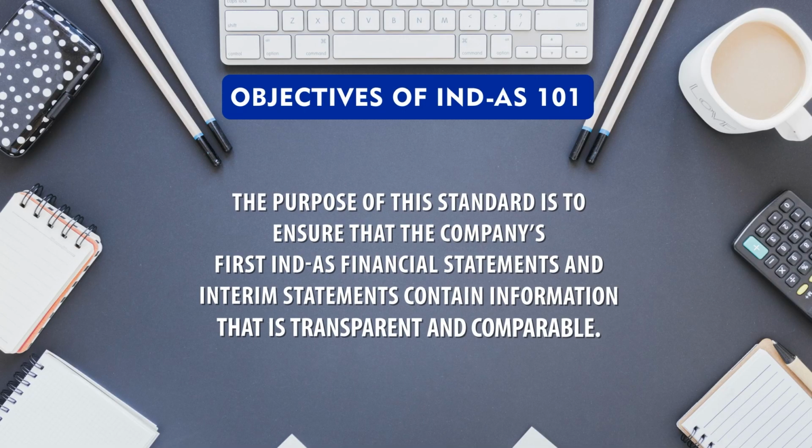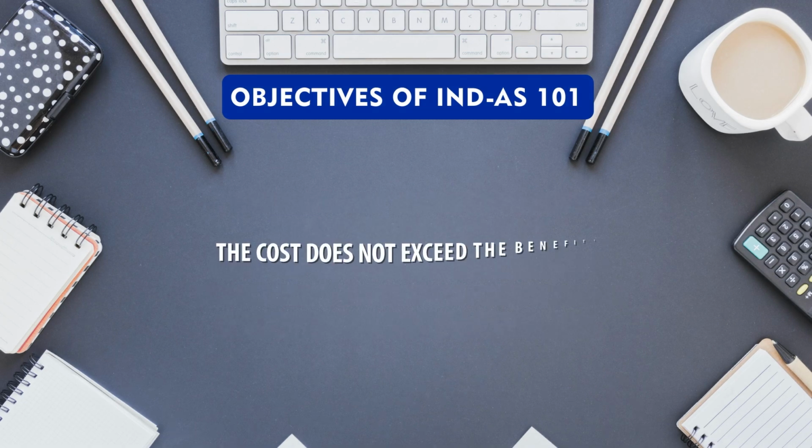And this whole exercise is done in a phased manner. So the first one is the purpose of this standard: to ensure that the company's first IND AS financial statements and interim statements contain information that is transparent and comparable. The next objective of IND AS 101 is that the cost does not exceed the benefits.